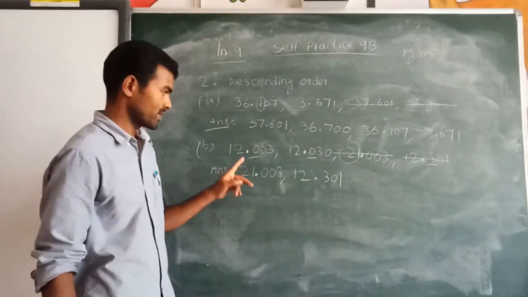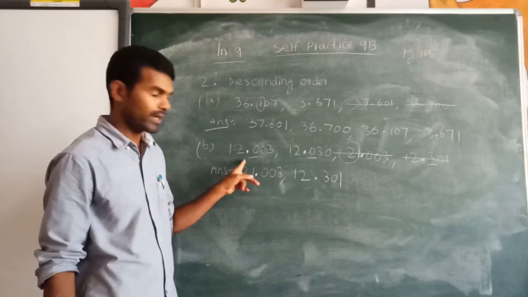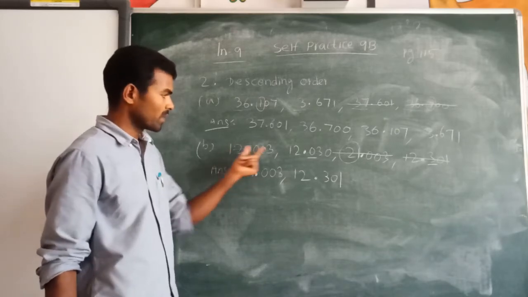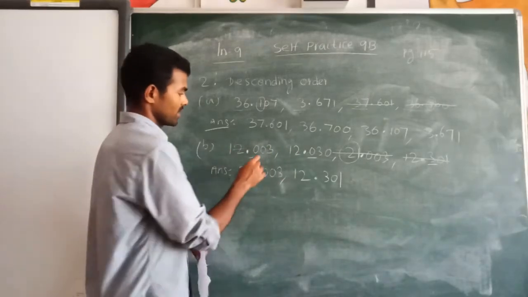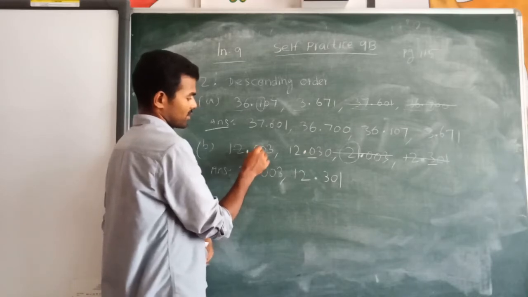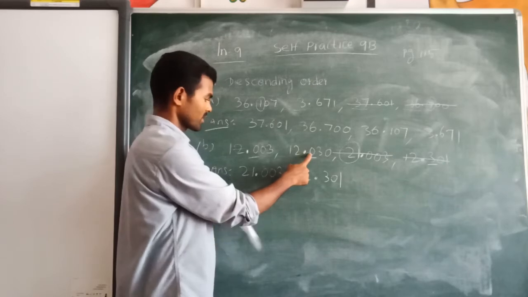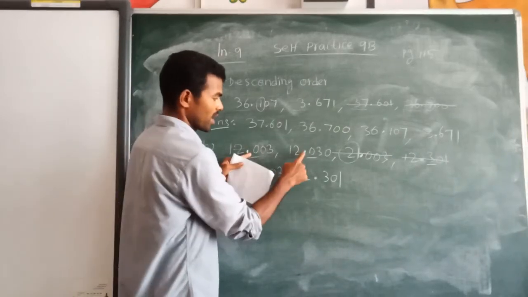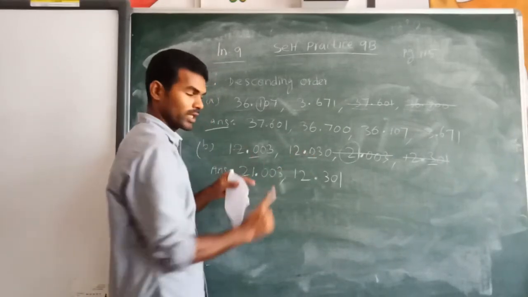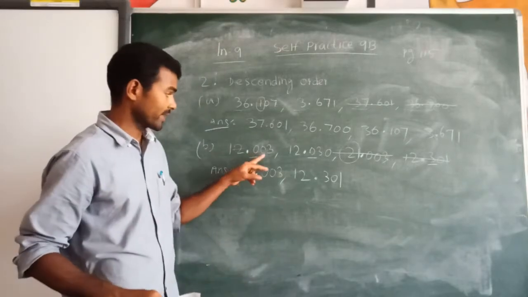Now we have only these two numbers. Which is the big number and which is the small number, let us find. Whole number both equal, and the first decimal place also equal: 0, 0. Now let us compare the second decimal place.